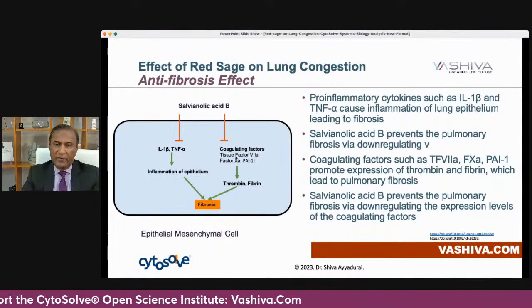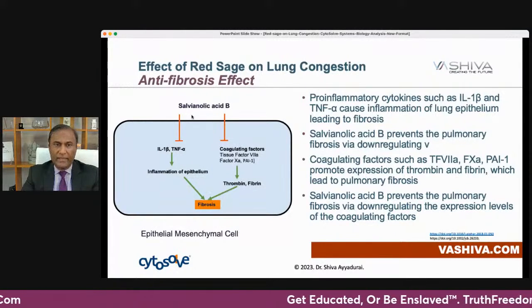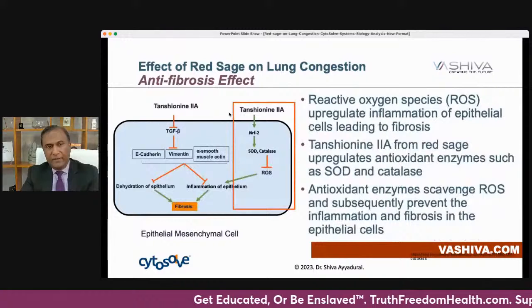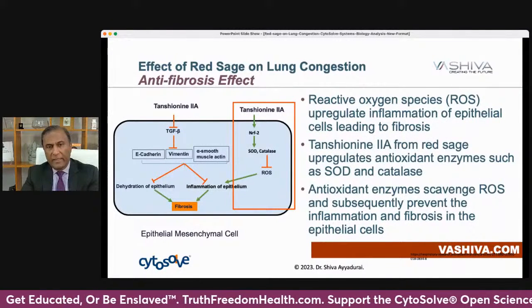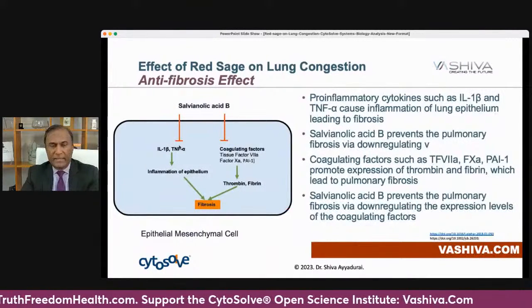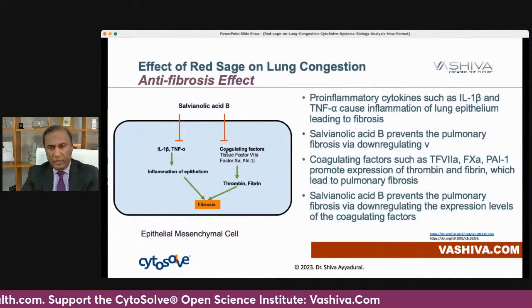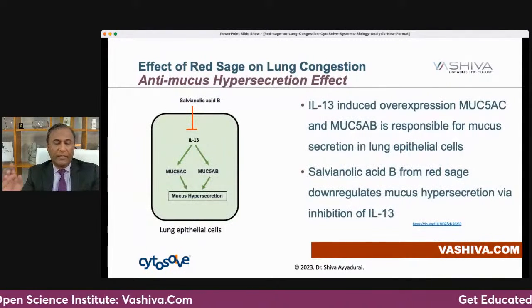So these are fibrotic factors, and salvianolic acid blocks these so you don't get fibrosis. So again, salvianolic acid B, like tanshinone IIA, which affected things two ways, affects fibrosis in two other ways. So think about it, it's very powerful, two different ways.